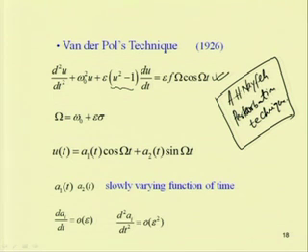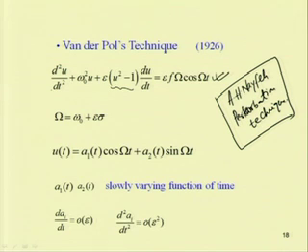In the method of variation of parameters, we first put epsilon equal to 0. Here we are assuming epsilon to be small, and if we take epsilon equal to 0, the equation reduces to d square u by dt square plus omega 0 square u equal to 0.